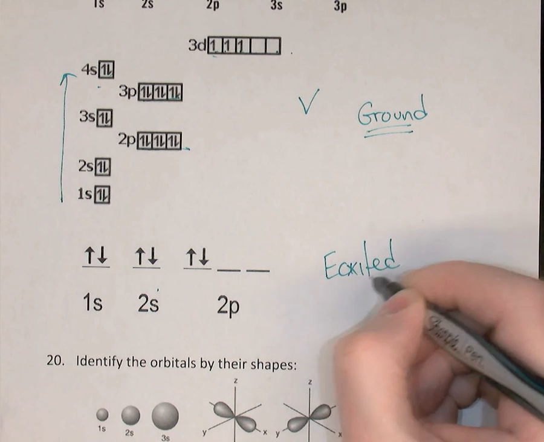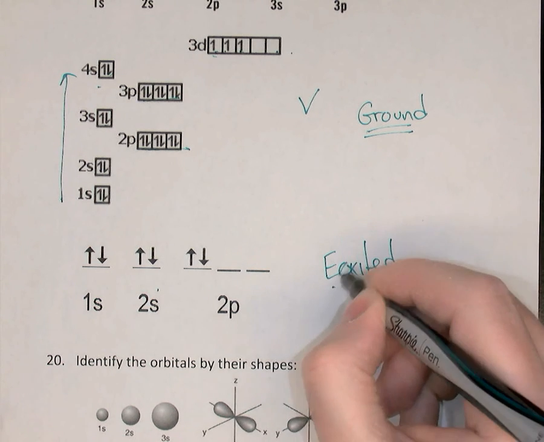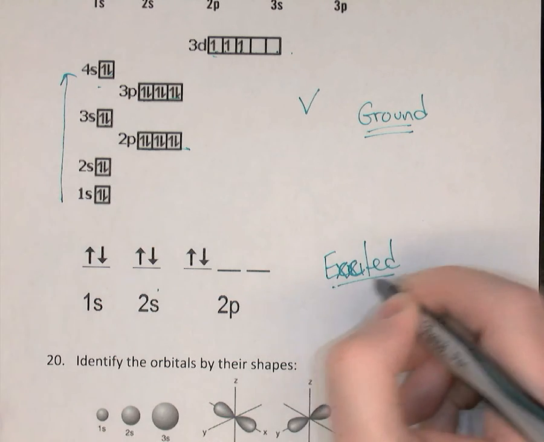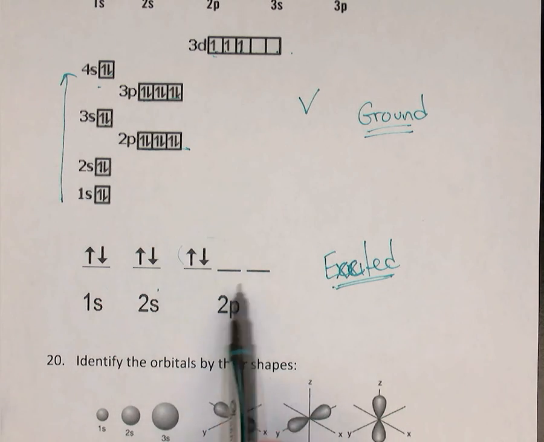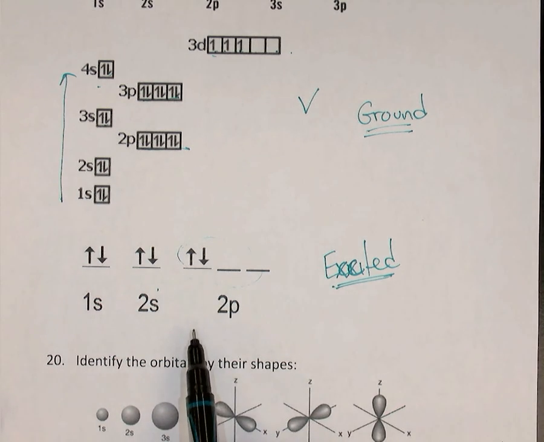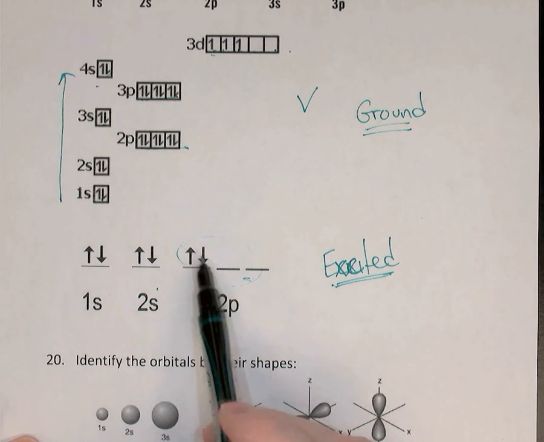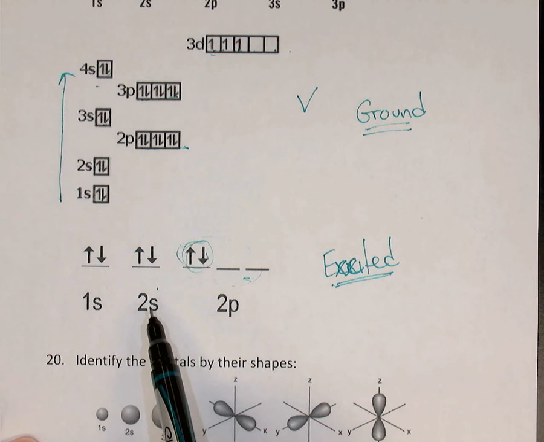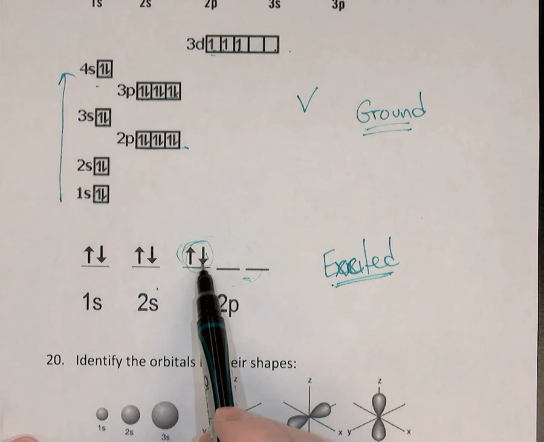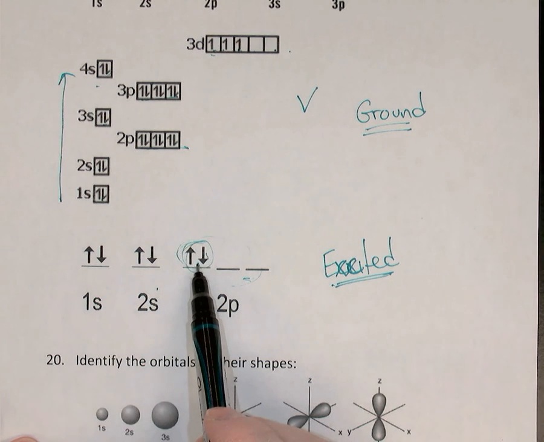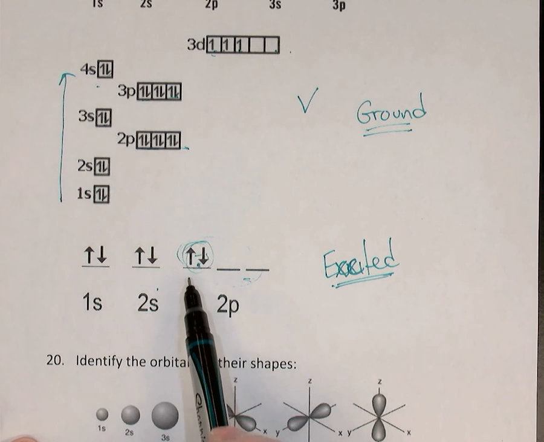And the reason that it's excited, as I just misspelled excited, is because it's disobeying Hund's rule. Hund's rule said when you're filling the 2p subshell like that, you were supposed to keep those electrons unpaired. The reason for that is that when they're paired, they're repelling each other.